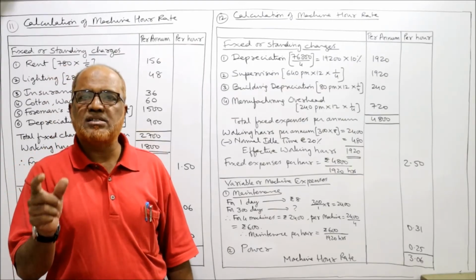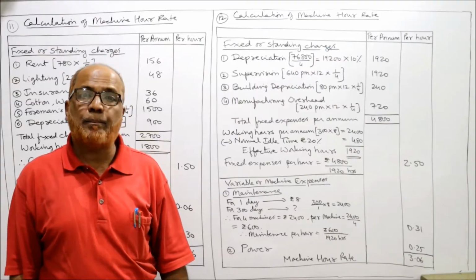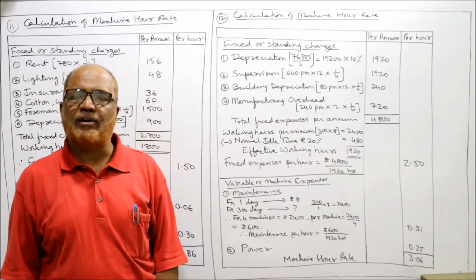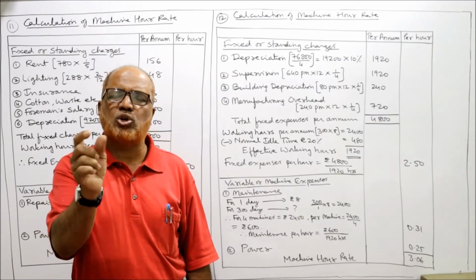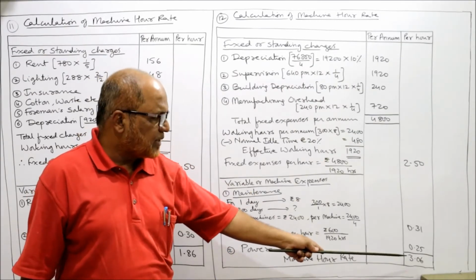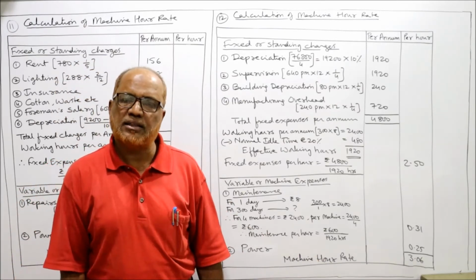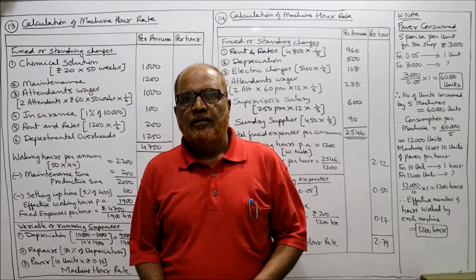So 0.31 is the repair and maintenance per hour, per machine. Now power cost is directly given in the problem, 0.25. Directly given, no calculations. Per hour, power expenditure is 0.25. Now take the total, 3.06 is the machine hour rate. That's all. So this is the end of problem number 12.